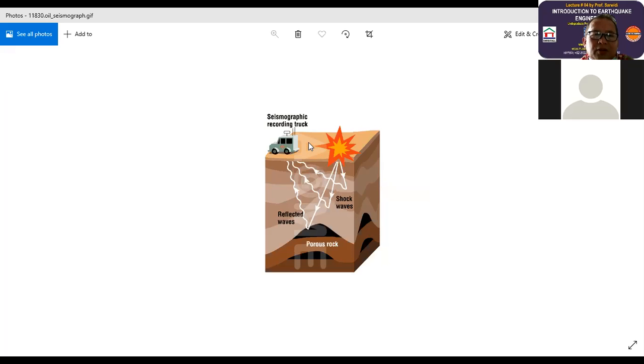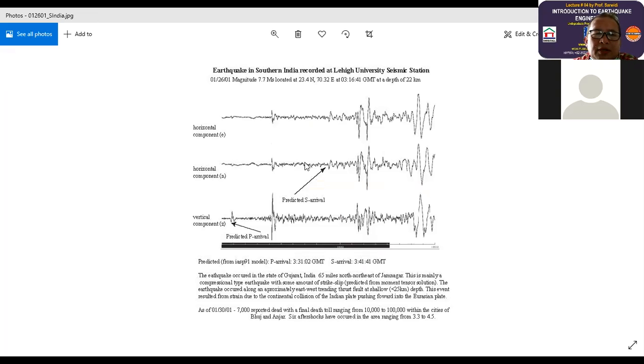This is a seismographic recording track, for example, making vibration here and representing the reflective waves. We use some kind of experiments for the vibration everywhere, and some of it is reflected into this track that has recording.